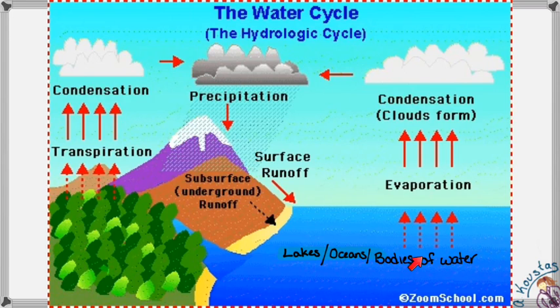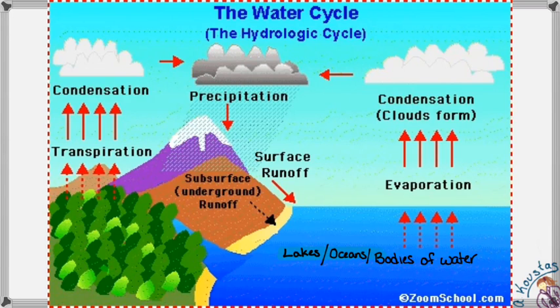Water in the ocean ends up evaporating and turning into water in the air. As the water molecules get higher up, they cool even more and they start to condense, which means the evaporated water, the gas water, starts to come together and go from a gas to a liquid again.